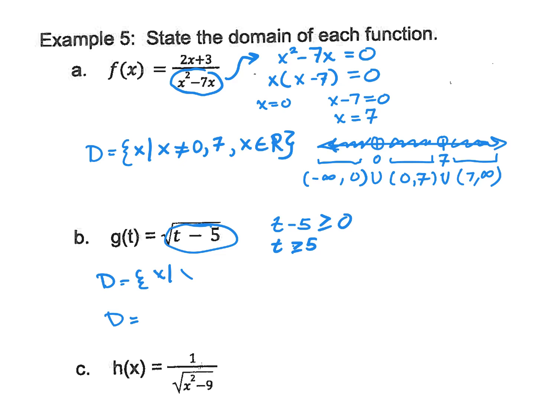Oops. Aha. I made the same mistake a bunch of you did. Did everybody go X? What's the variable here? Hello, T such that T is what? Where T is an element of the reals. Be very careful with your variables. Use the correct variable, okay? Now, what is the interval?